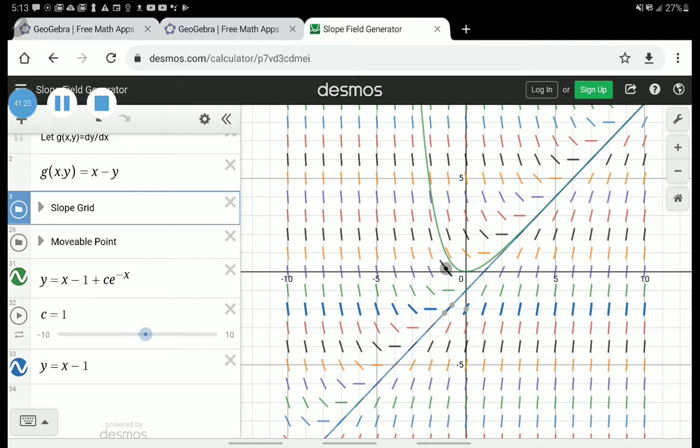That green is the general solution. I can change the c value, and you'll see how it changes. That blue line is the line y equals x minus 1. So you see as x gets bigger and bigger, that green function is approaching that blue line.